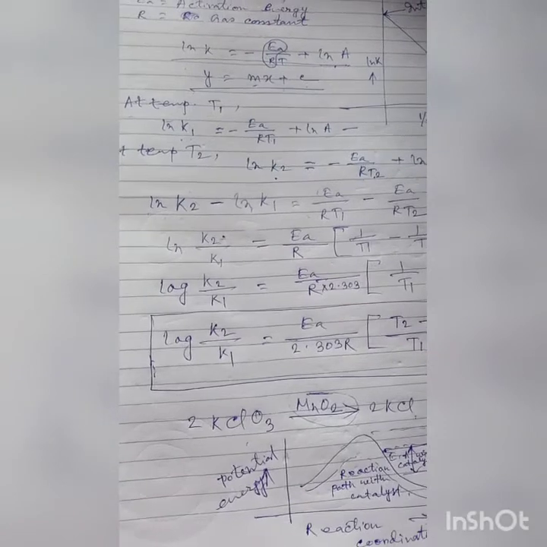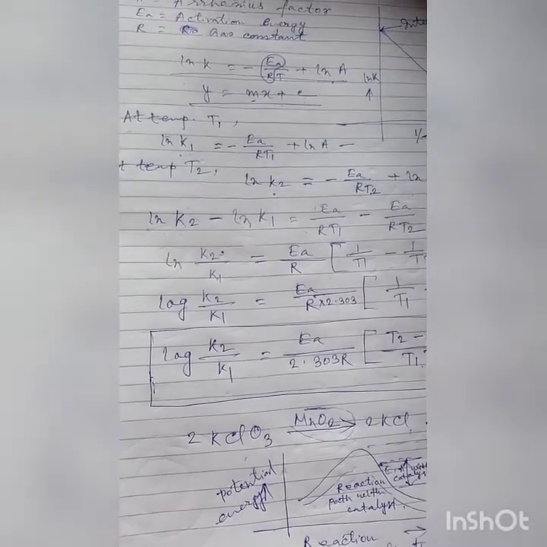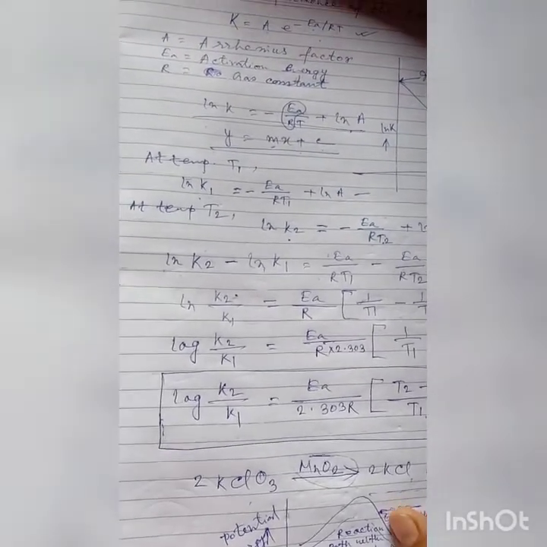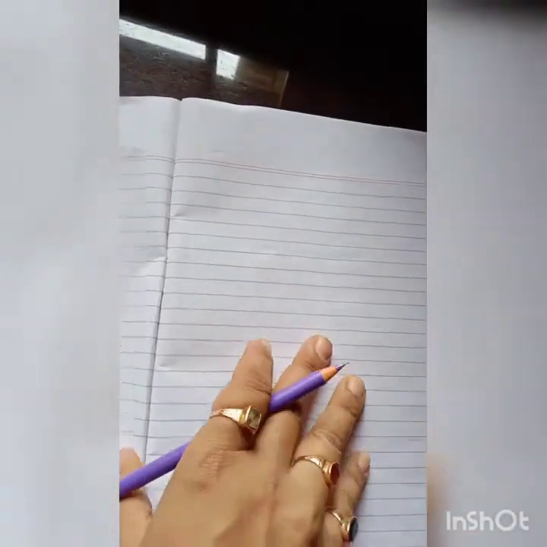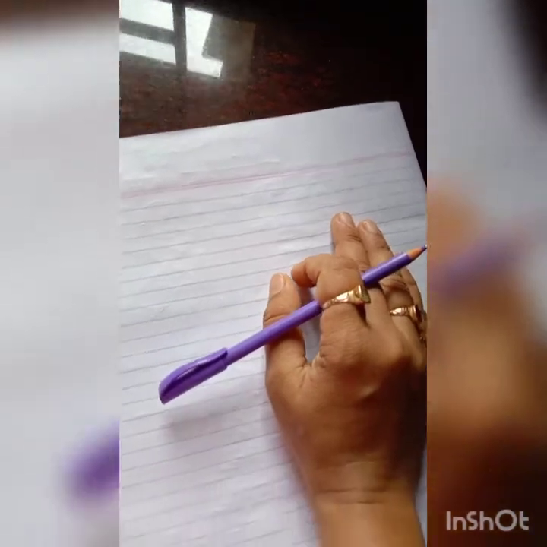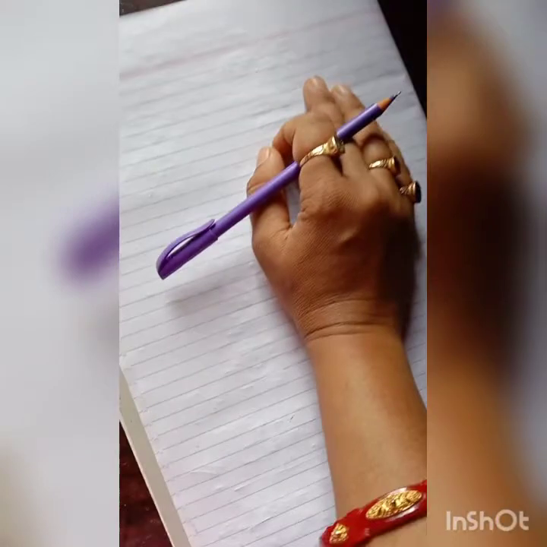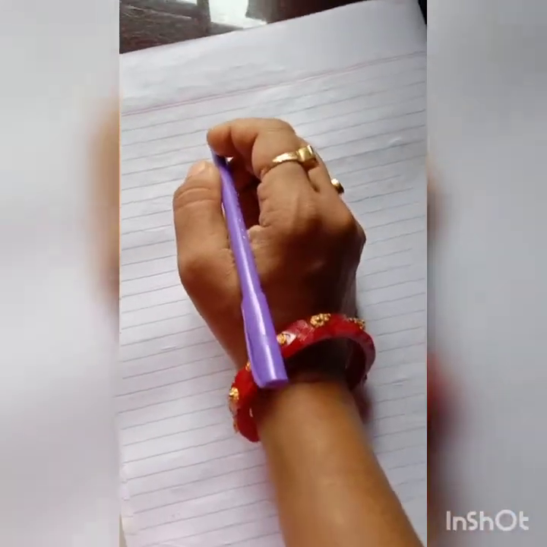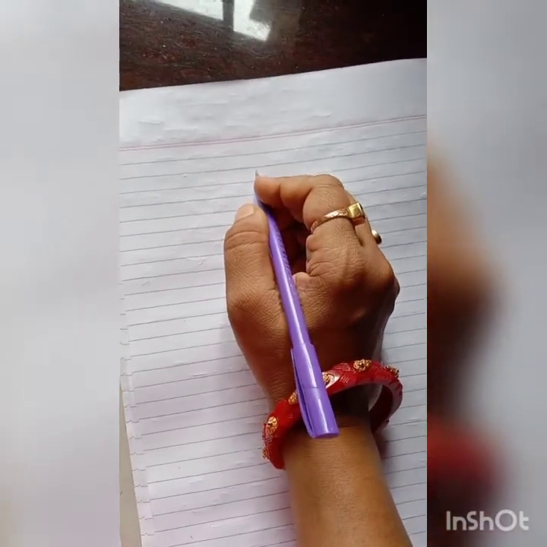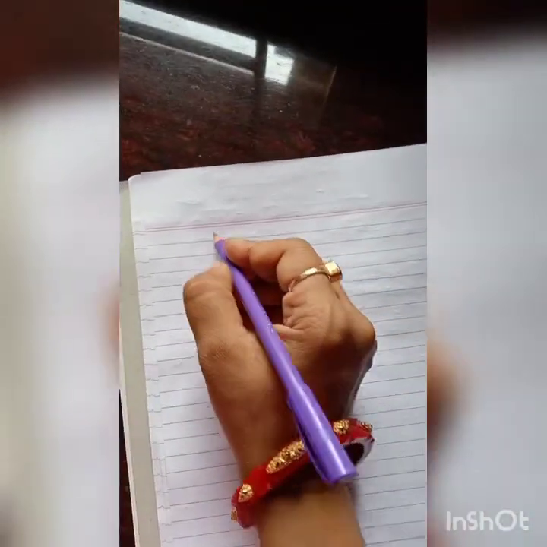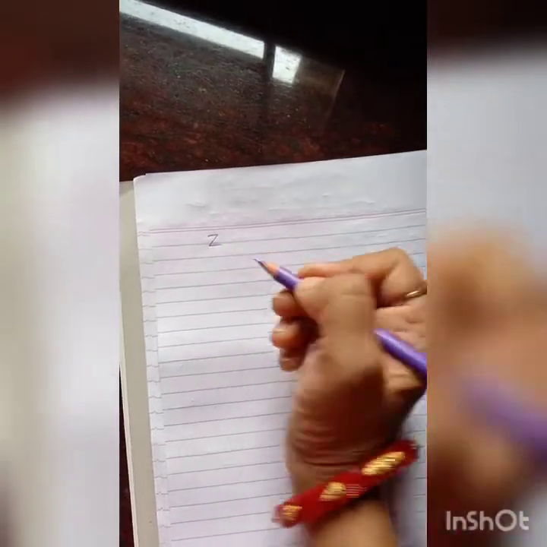According to this theory, the molecules are assumed to be hard spheres, and reaction is postulated to occur when molecules collide with each other. The number of collisions per second per unit volume of the reaction mixture is known as collision frequency, which is denoted by capital Z.